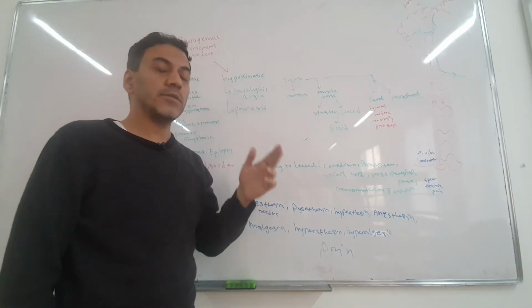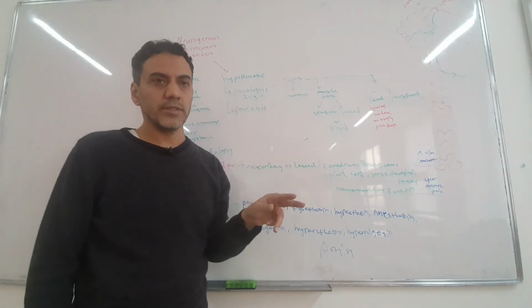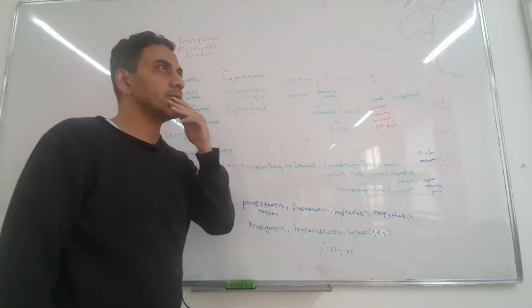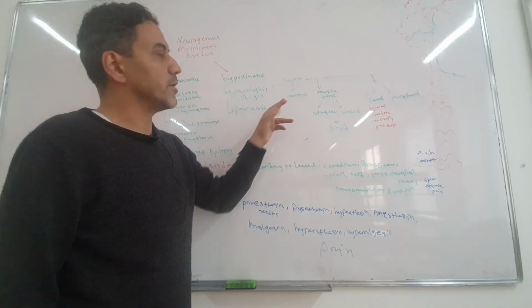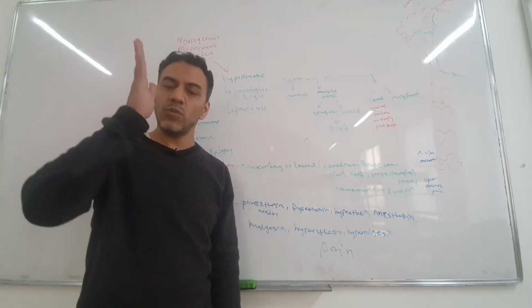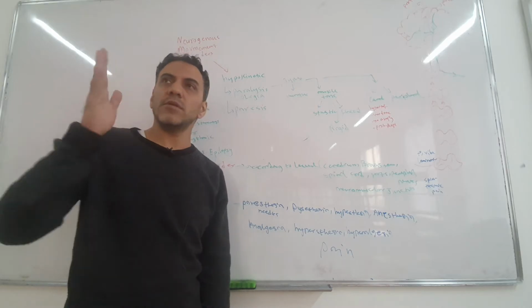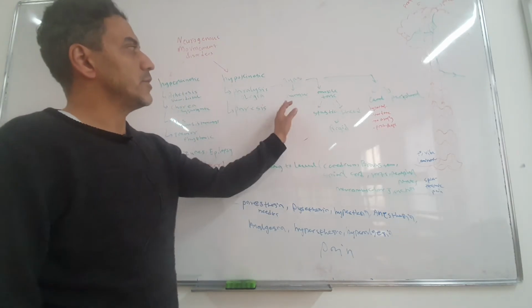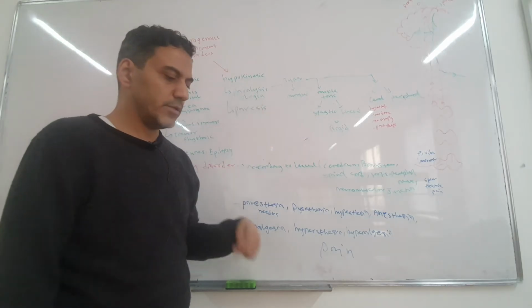Paraplegia means two arms or two legs, from both sides. Then hemiplegia means one half, for example right arm and right leg. Tetraplegia, four extremities.